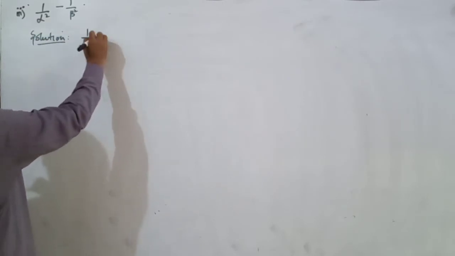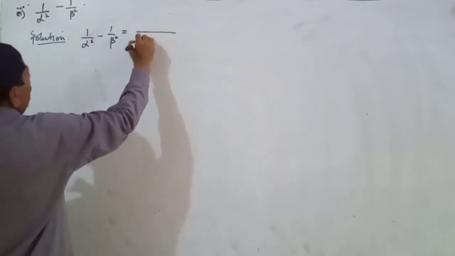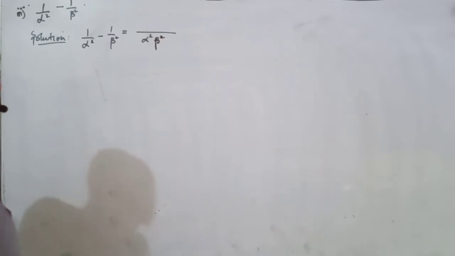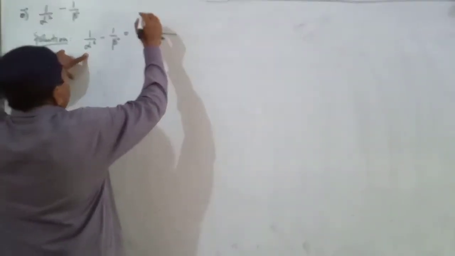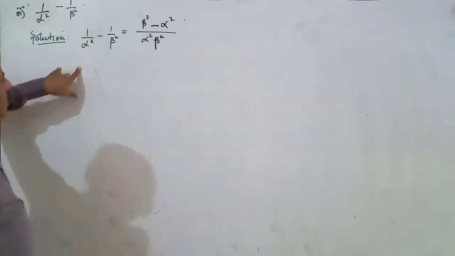1 upon alpha square minus 1 upon beta square, the LCM is alpha square beta square. The numerator will be beta square minus alpha square.